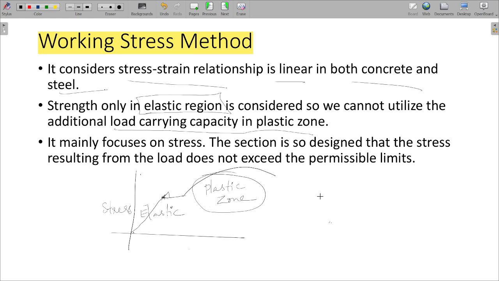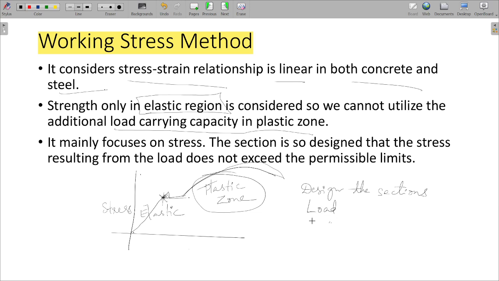Because of this, what happens is we are designing the sections for lower loads. As we are not using this part of the curve, we are limiting ourselves up to here.